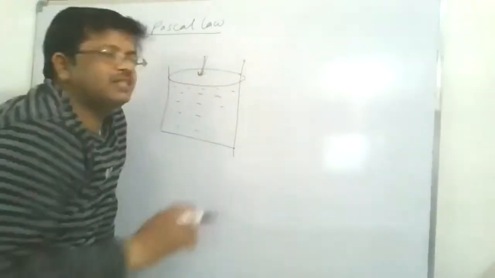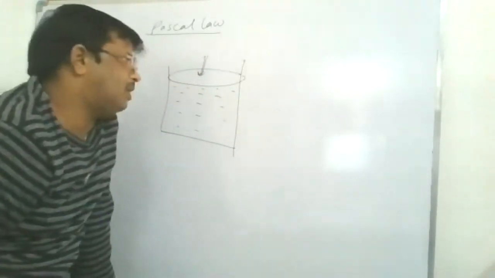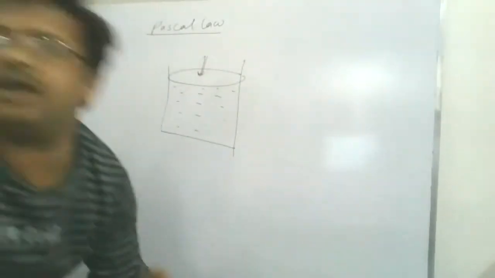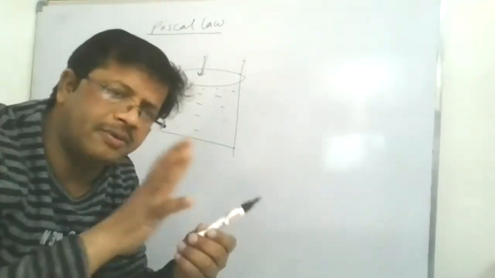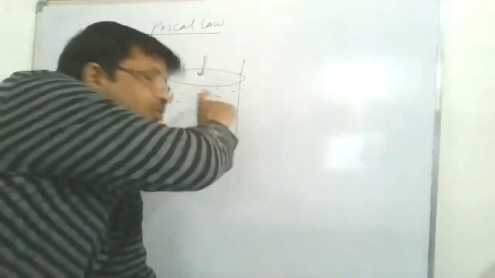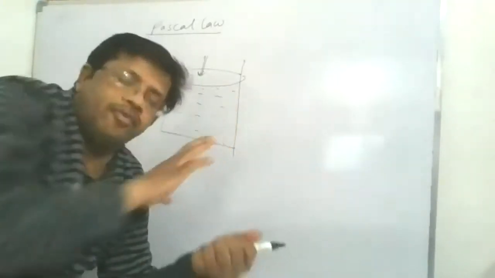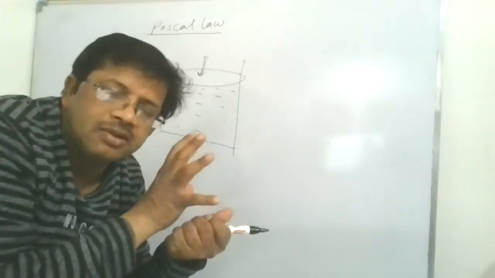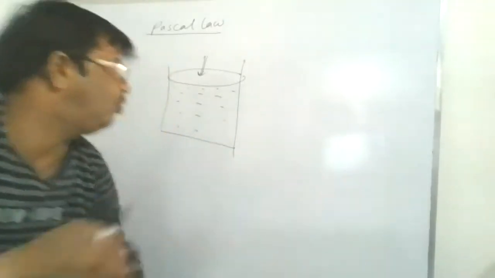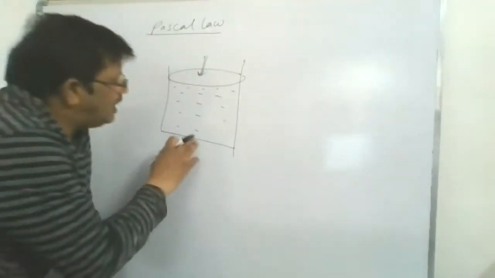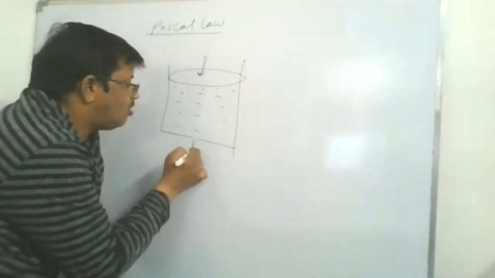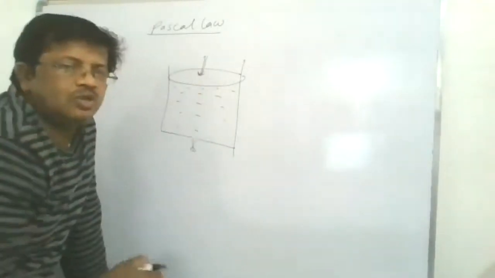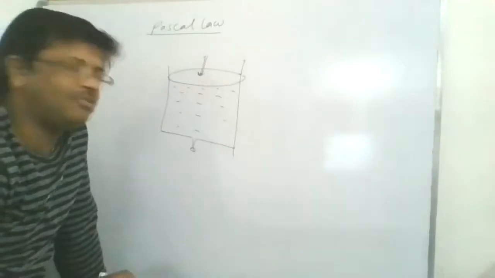Have you seen a pichkari in Holi, where fluid is filled and when we press from this end, the pressure is given to the fluid through the piston and the fluid ejects out through the nozzle? So this part is called the piston, through which we exert pressure over the fluid.